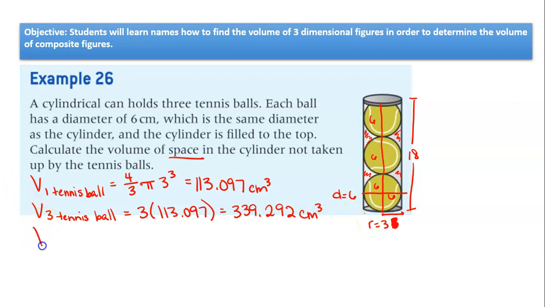Now we want to find the volume of this cylinder. The volume formula for a cylinder is pi r squared h. So that's pi times 3 squared times the height, which is 18.